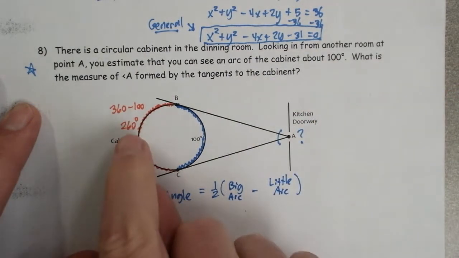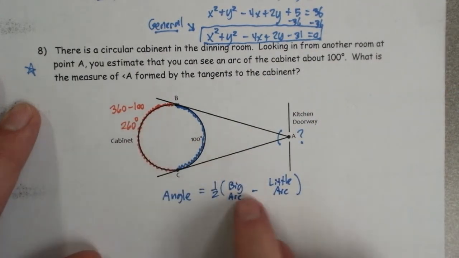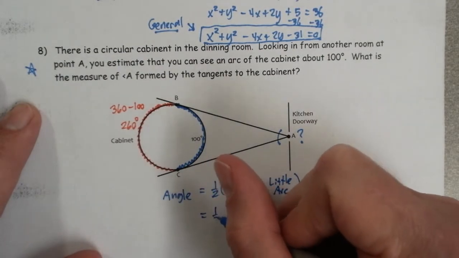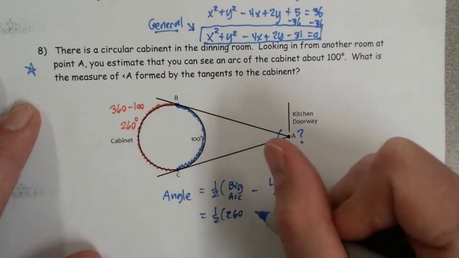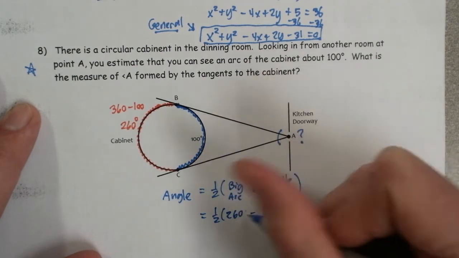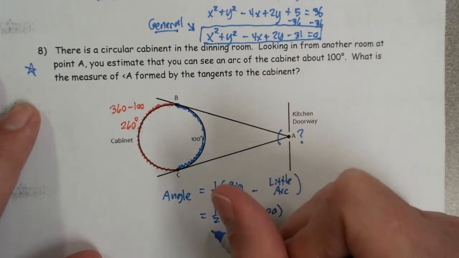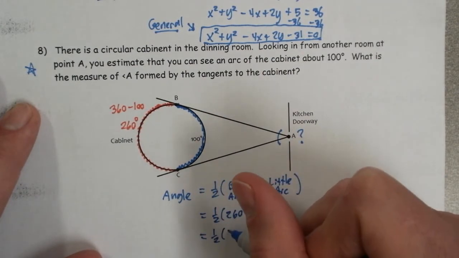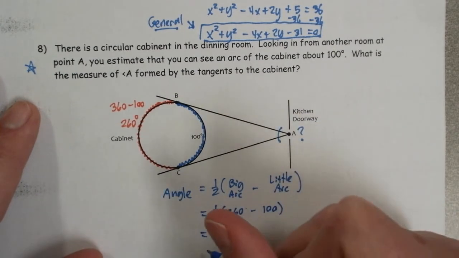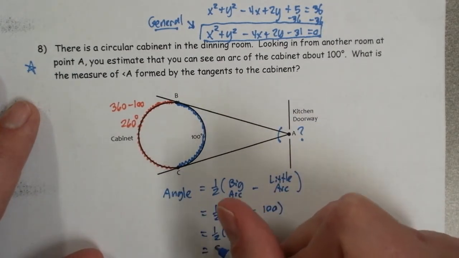And so I'm going to plug in 260 and 100 into my formula. That's going to give me 160. And half of 160, half of 16 is 8, so half of 160 is 80 degrees.